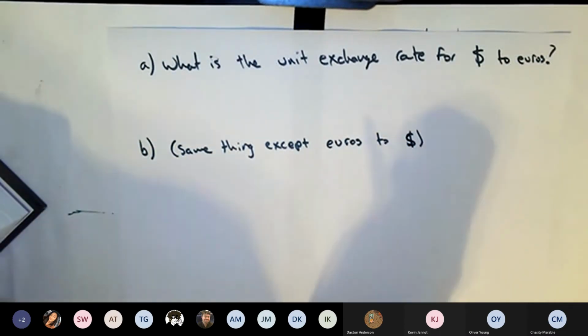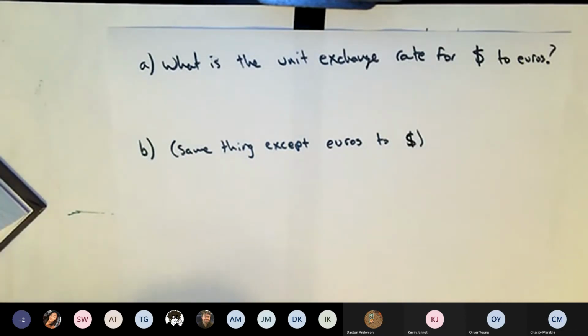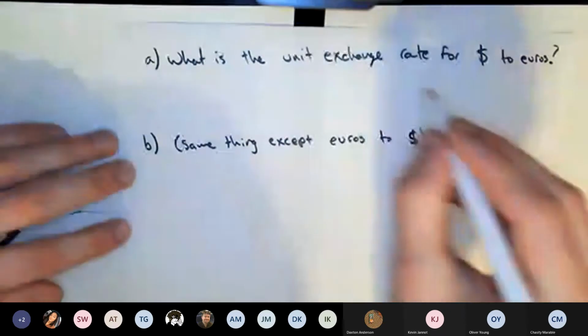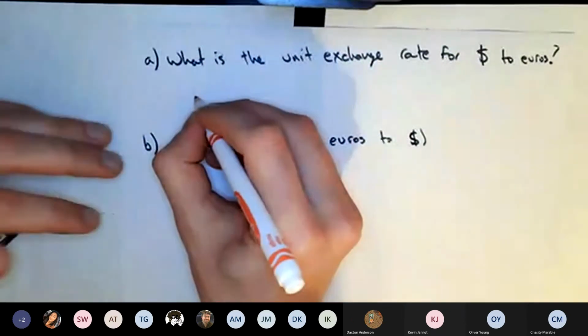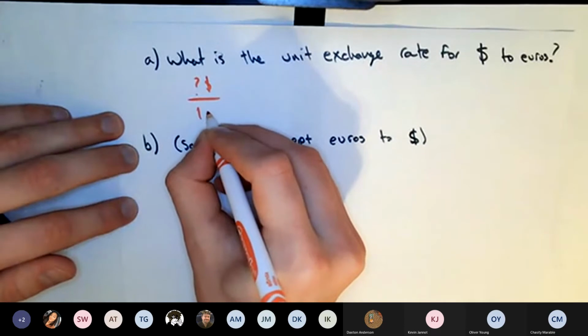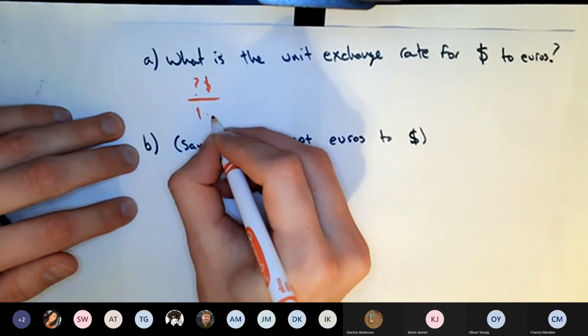So when we write this down, we're going to say some number of American dollars per 1 euro.